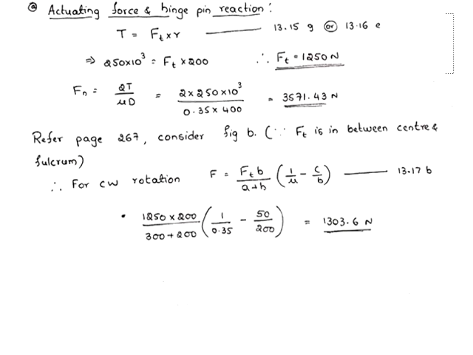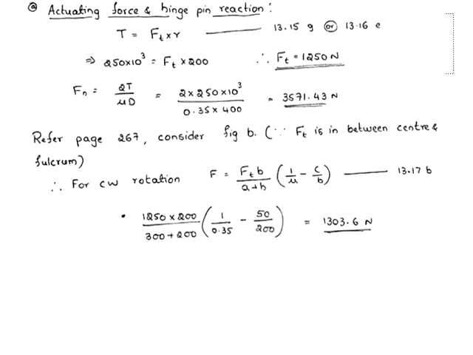So the clockwise equation is equation number 13.17b. In this equation, Ft value is unknown. You can find out Ft value using T is equal to Ft into R. Torque is given, find out Ft value. So after calculating Ft value, substitute in this F equation, you will get F value 1303.6 Newton.